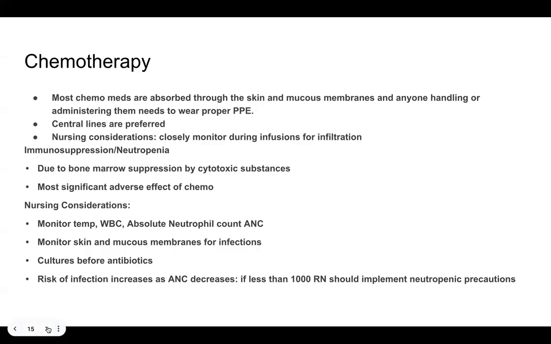We want to closely monitor people during infusions for infiltration, because, like I said, these are cytotoxic medications and they can destroy tissue very quickly. Immunosuppression. That's really what chemo does. It suppresses the immune system by killing the cells. When this happens, neutropenia can occur.